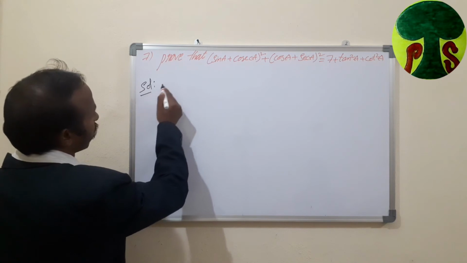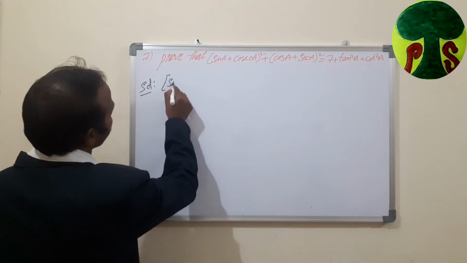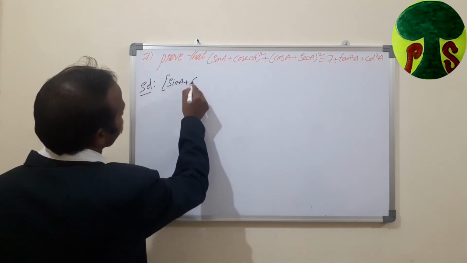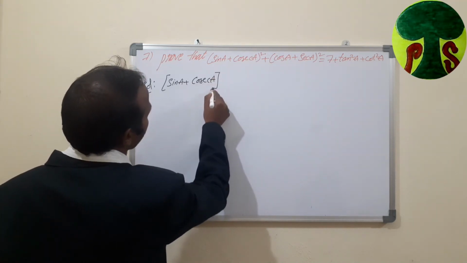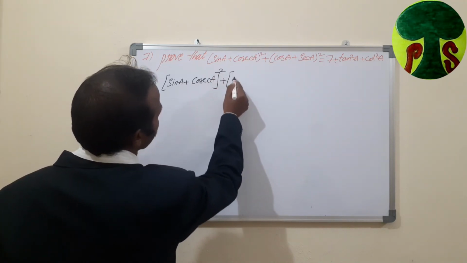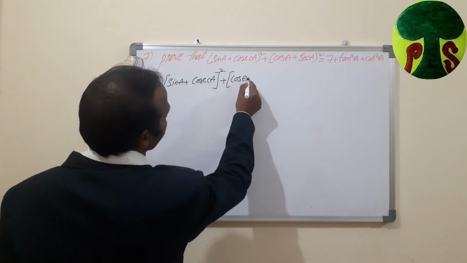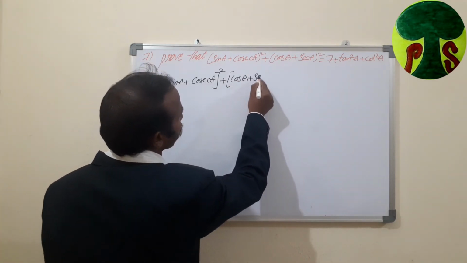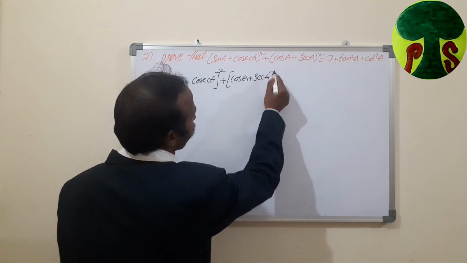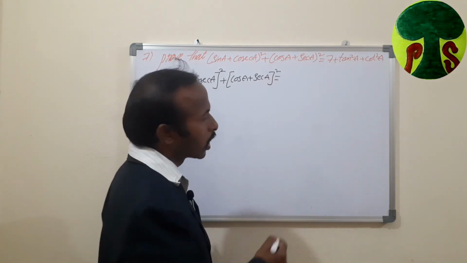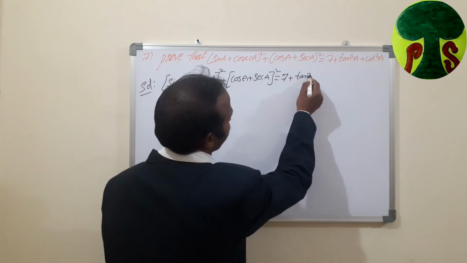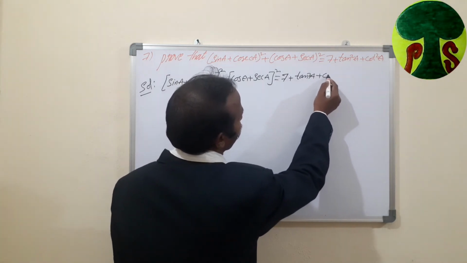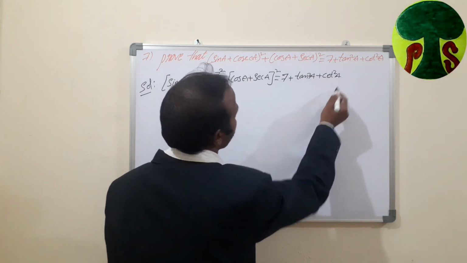The given data is (sin A plus cosecant A) all square plus (cos A plus secant A) all square equals 7 plus tan square A plus cot square A.